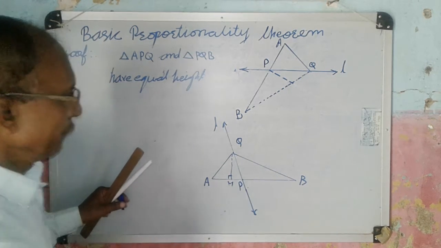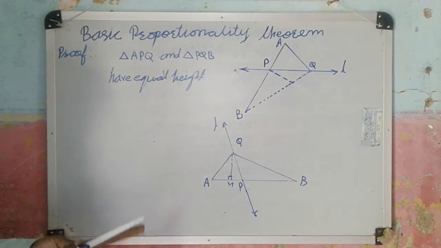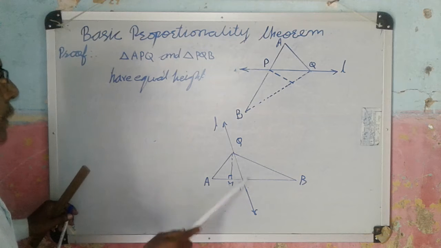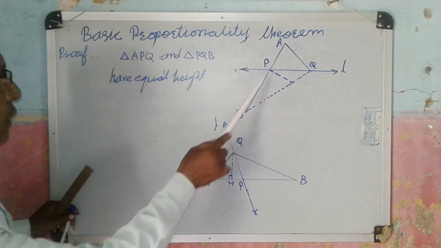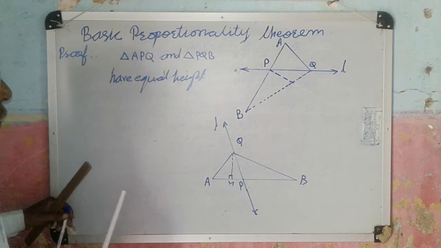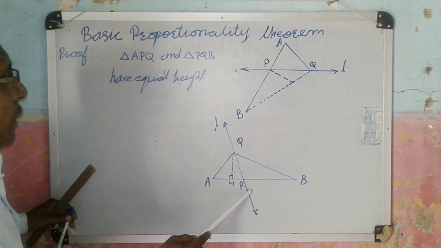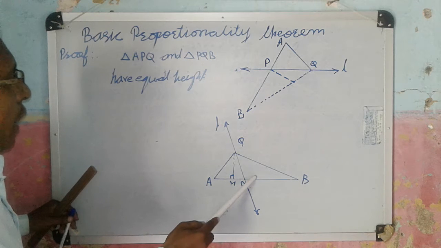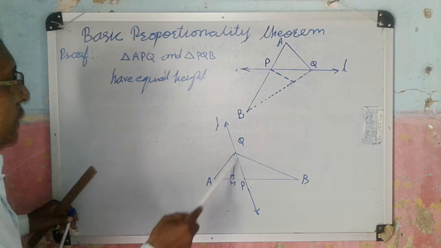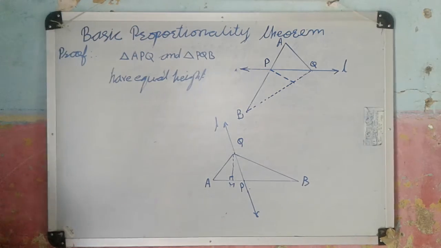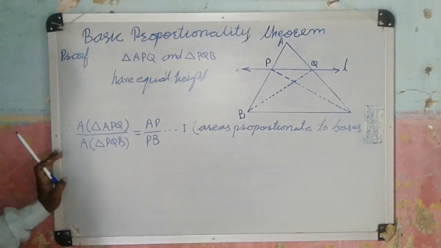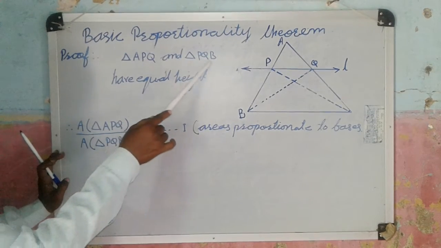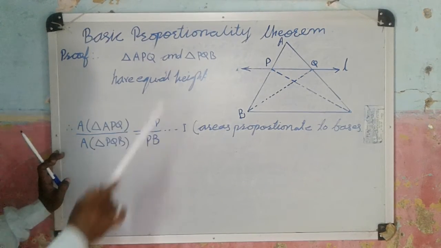Suppose this is here. In triangle PQB, the base is PB and the height is the same. That means both the triangles have equal heights.